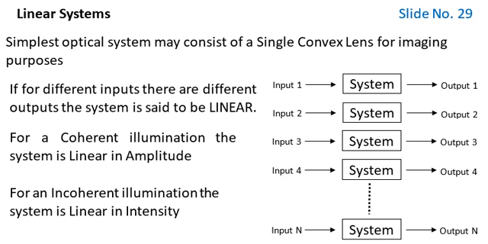For a coherent illumination, the system is linear in amplitude. If we are using a coherent system, then the inputs will be amplitudes and the outputs will be amplitudes. But if we are using incoherent illumination, the inputs will be intensities and the outputs will be intensities.